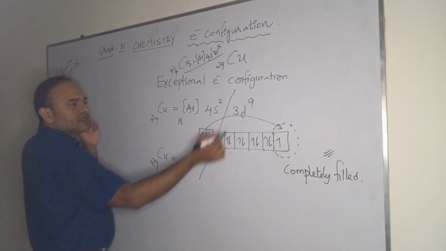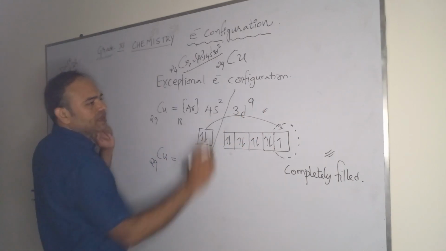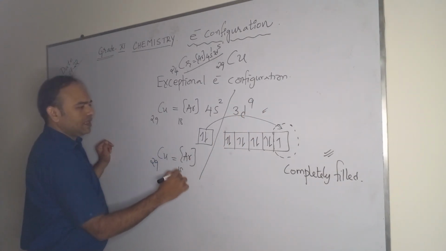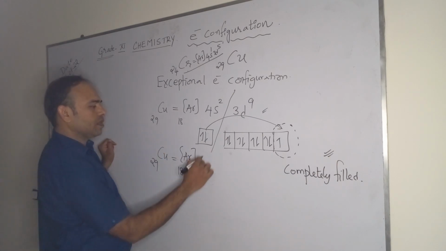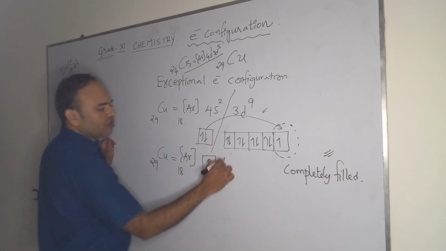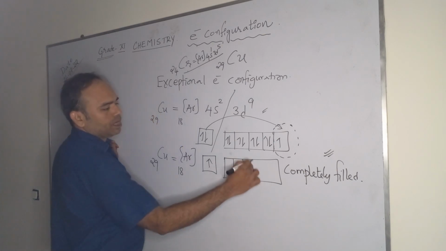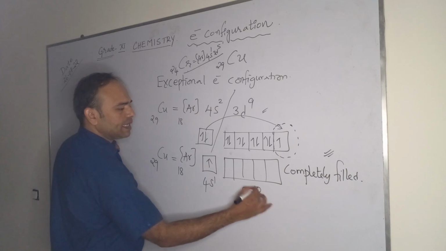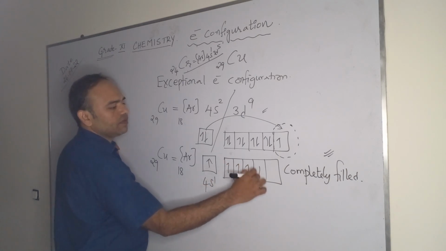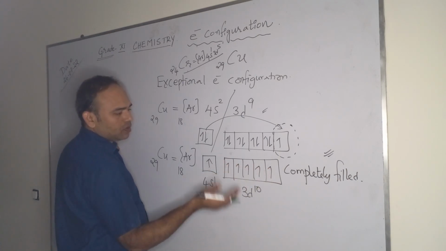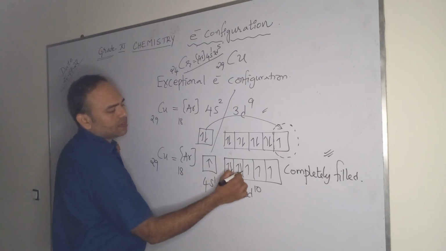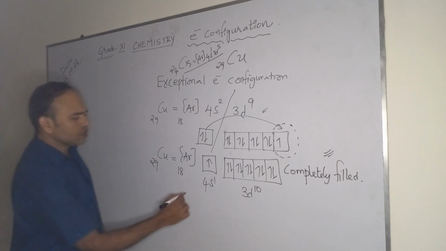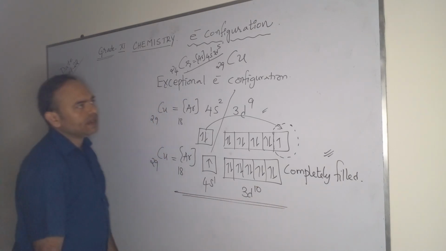But now, what is the actual configuration? Actual configuration will be 4s1 3d10. So 1, 2, 3, 4, 5. Applying Hund's rule, 6, 7, 8, 9, 10. We have done pairing. So this is the second exception.